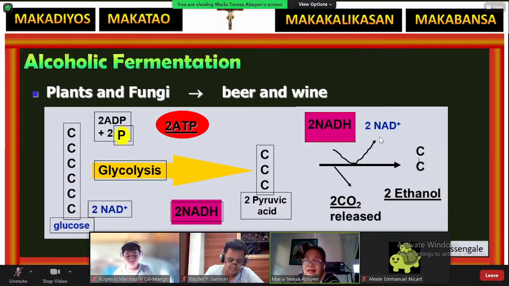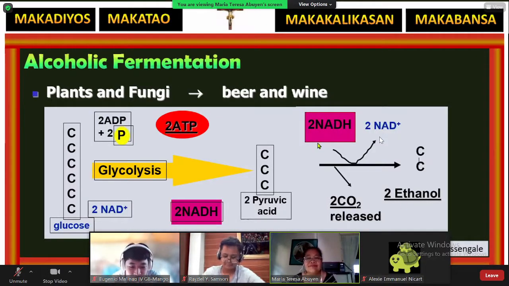In fermentation, you will notice, like with tuba, it bubbles. That bubble is actually carbon dioxide. Same with beer, it bubbles. Those bubbles are actually carbon dioxide. So fermentation produces carbon dioxide aside from the alcohol.